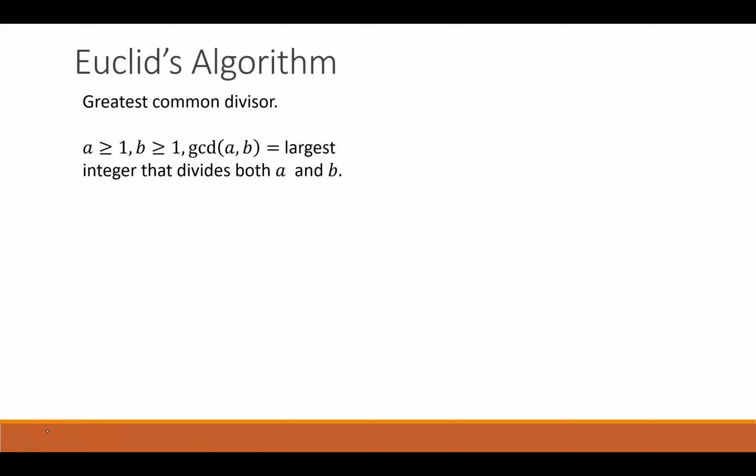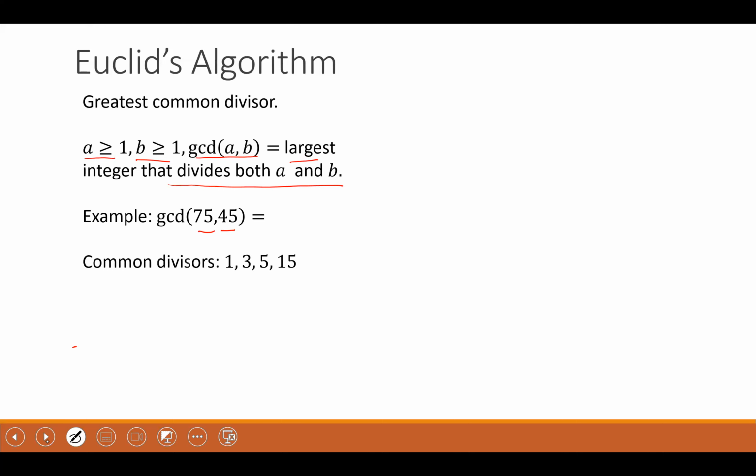So what do we mean by greatest common divisor? We're going to take 2 integers, a and b, and then GCD of a and b is the largest integer that divides them both evenly, right? So with no remainder. For example, the greatest common divisor of 75 and 45: if I look at all of the common divisors, there's 1, there's 3, there's 5, and there's 15.